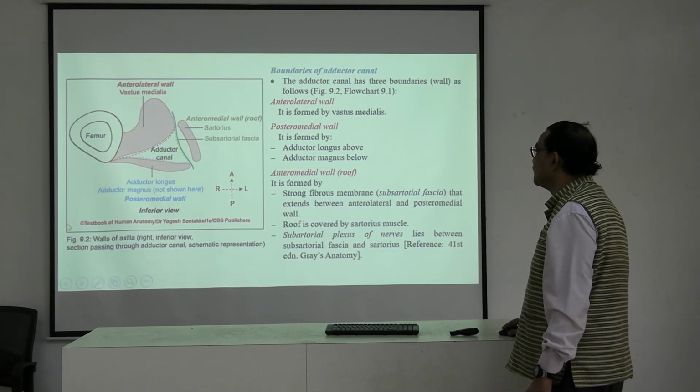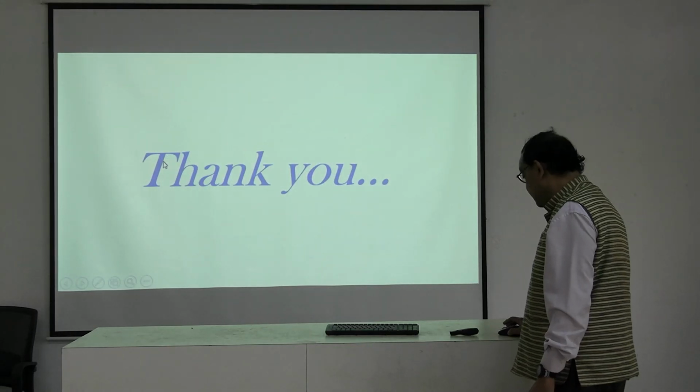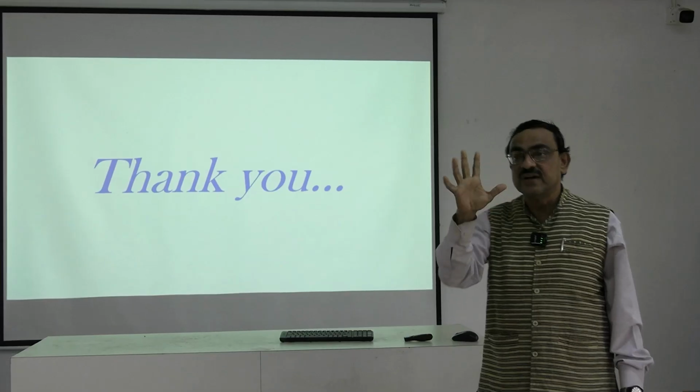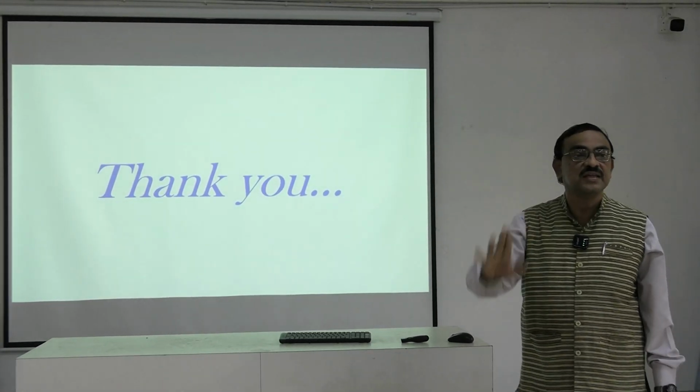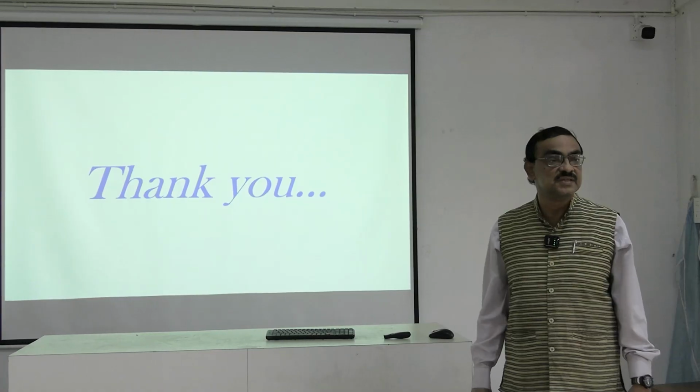The same thing: vastus medialis, this is the sartorius muscle, okay, and this is the adductor longus muscle, the formation of the adductor canal. Okay. Now I will show you the picture of the other muscles, that means the adductor group of muscles.